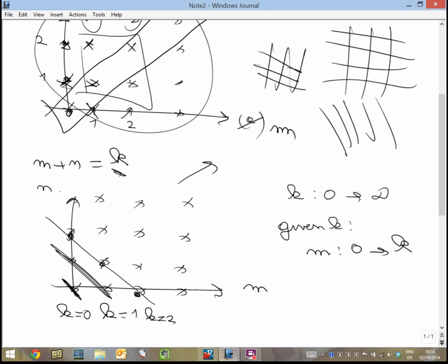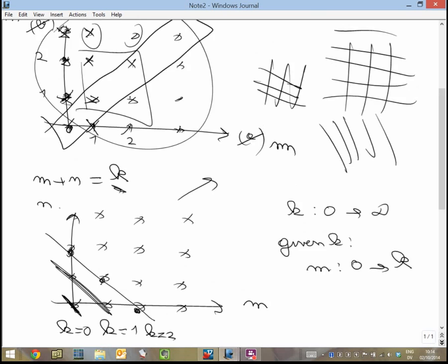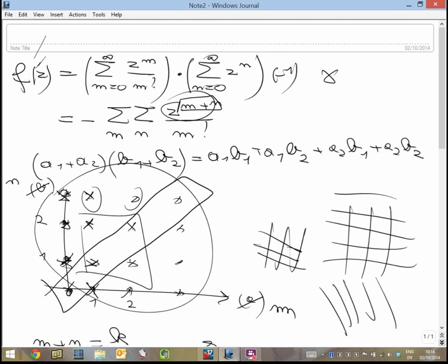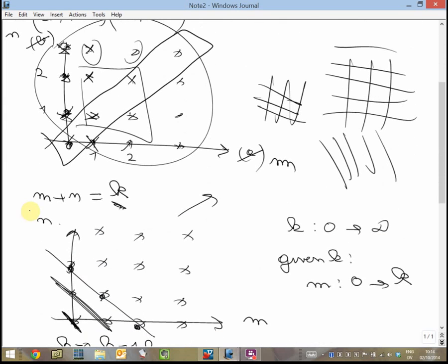So m has taken on a slightly different role compared to what we started out from, because in the very beginning, in the early days, m was a summation index completely independent from n, and both of them ran from 0 to infinity, independently of each other. Now, by introducing this relationship m plus n equal to k, we've introduced a dependency between m and n.